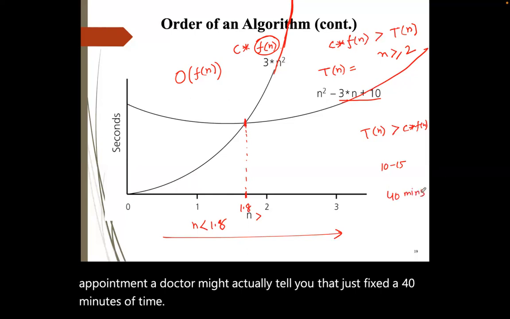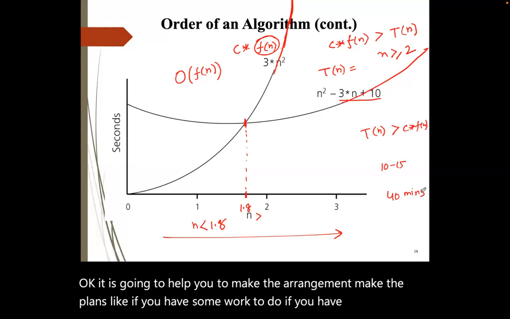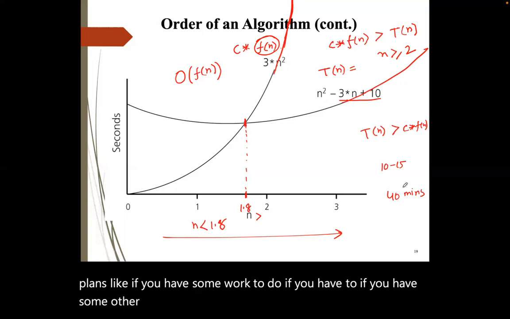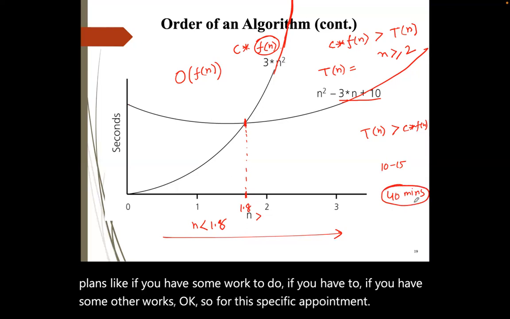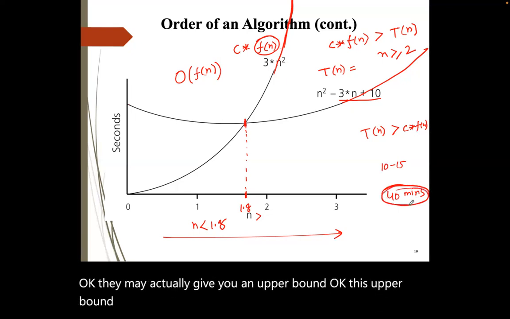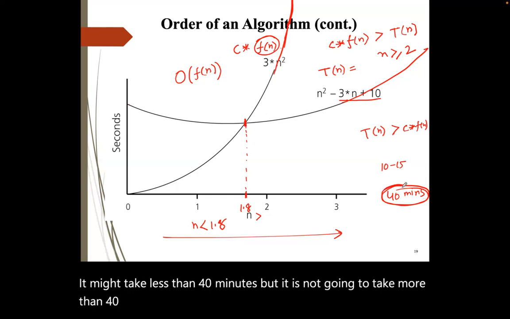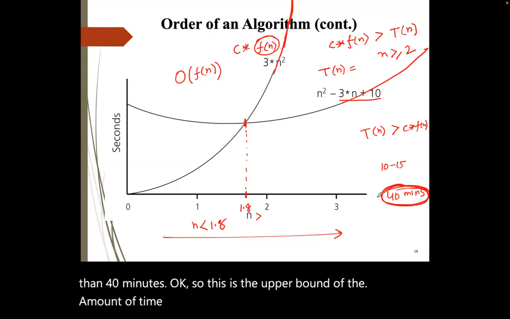It is going to help you to make the arrangement, make the plans, if you have some other works to do. So they give you an upper bound. This upper bound of 40 minutes means it might take less than 40 minutes, but it is not going to take more than 40 minutes. So this is the upper bound of the amount of time that an appointment might take.